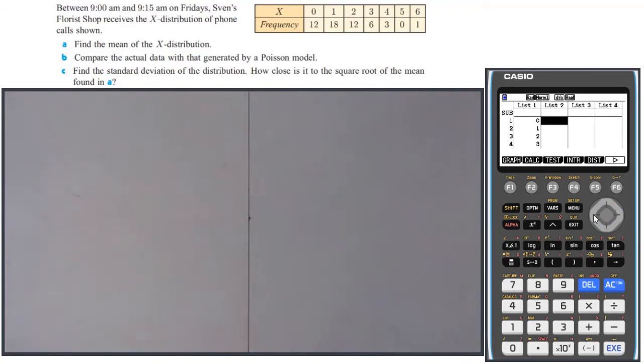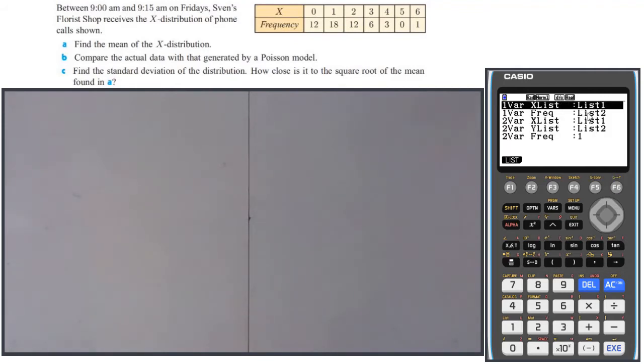We need the frequencies of 12, 18, 12, 6, 3, 0 and 1. And then we go to calc and settings. You need to make sure that your calculator knows that it's a frequency table. List 1, list 2, that means list 1 is the actual variable, and list 2 is the frequency of that variable. So that's the setup for a frequency table.